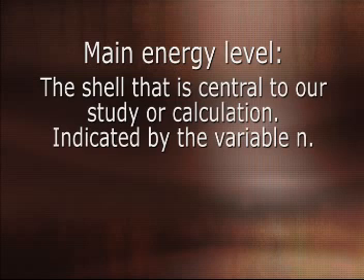Main energy level refers to the electron shells of the atom. In a given atom, the main energy level is indicated by a variable n. The main energy level is the shell that is central to our calculation.